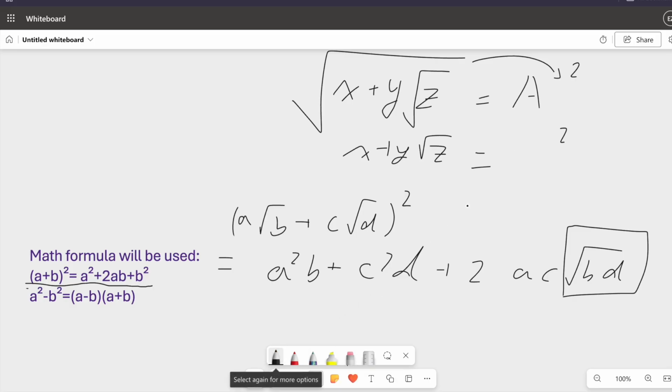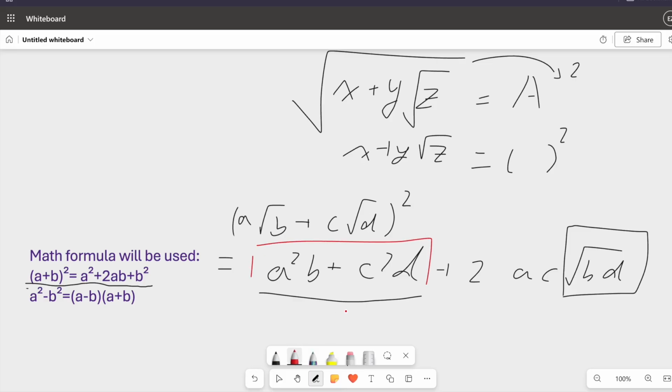And by comparison, we can see this is corresponding to x, and 2ac is corresponding to y, and bd is corresponding to z, which is exactly the form we are looking for.